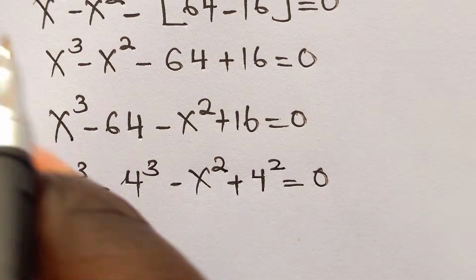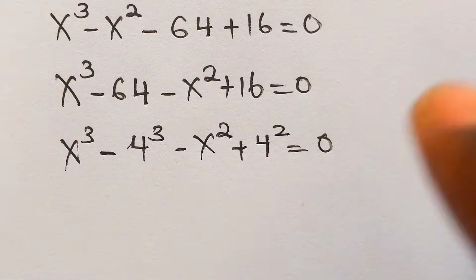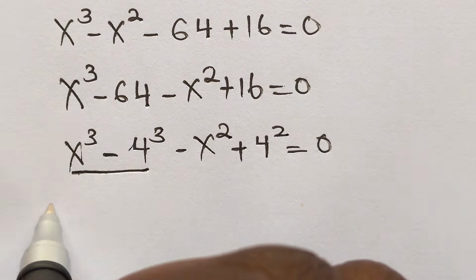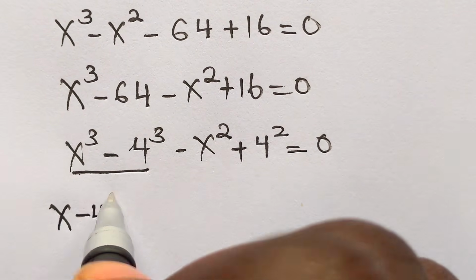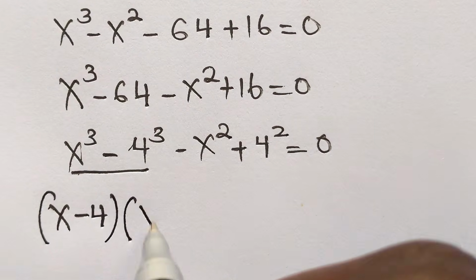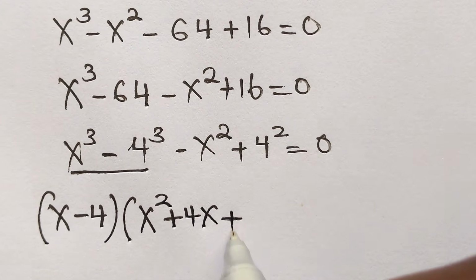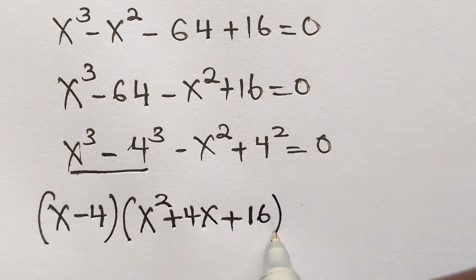At this stage, for the first part we shall say x minus 4 times x squared plus 4x plus 4 squared, which is 16.